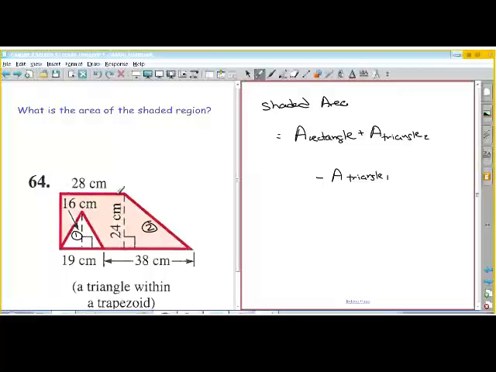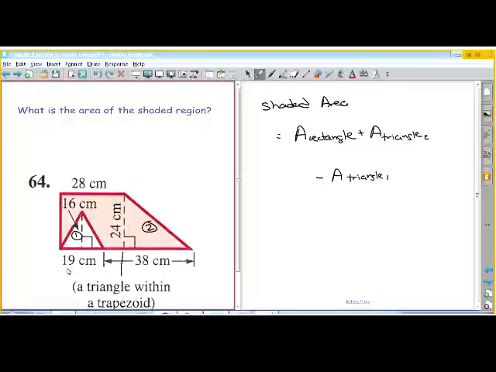So we got to make sure we have all the dimensions we need. Well, for the rectangle, we have 28 by 24, so we're good there. For this longer triangle, we have this, well, this is the height. So since this is 90 degrees, this is the height. And we need this distance right there. So we need to figure out what that distance is based on the other given information. So what we would do is we'd say, well, from here to here is 28 centimeters using this information.